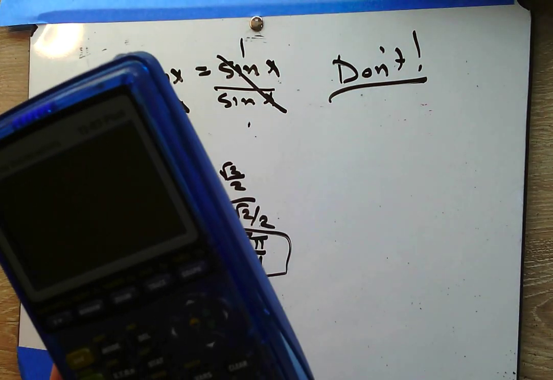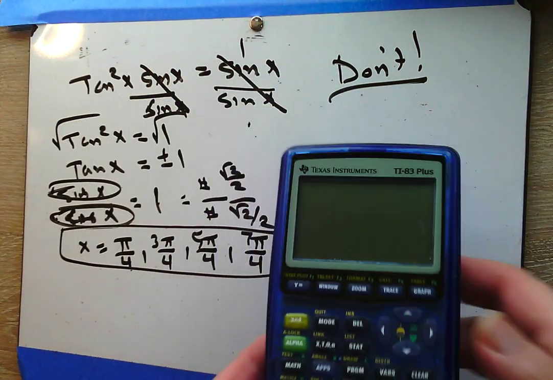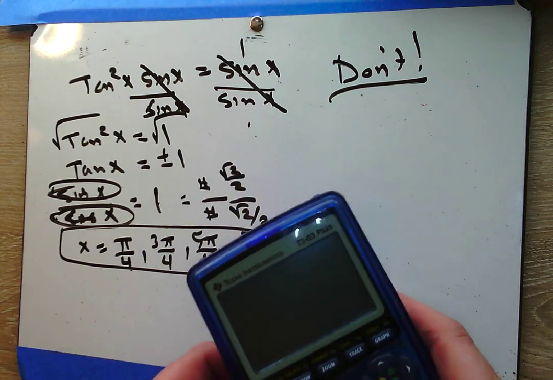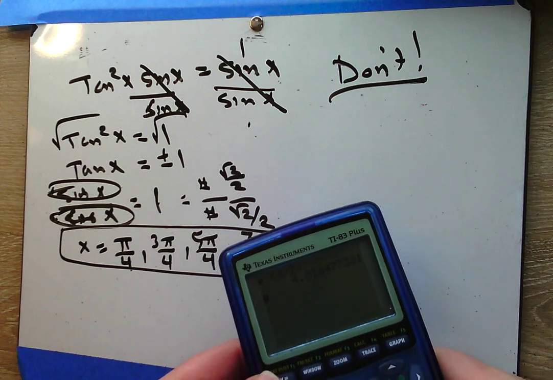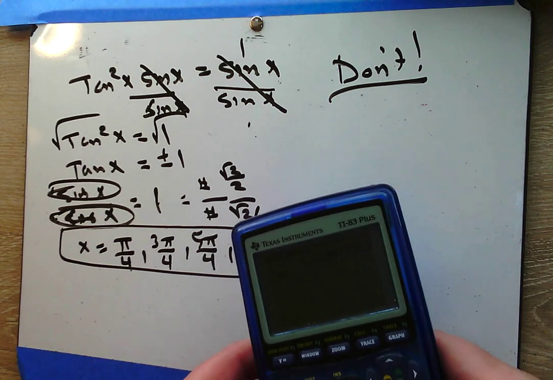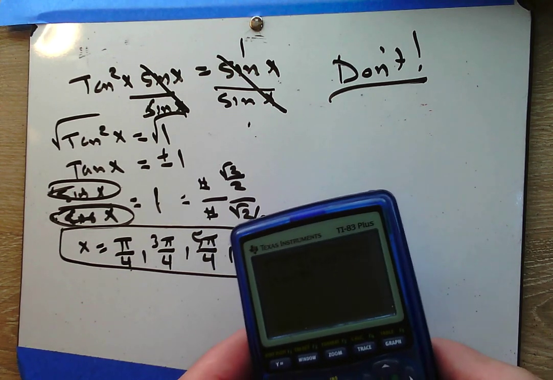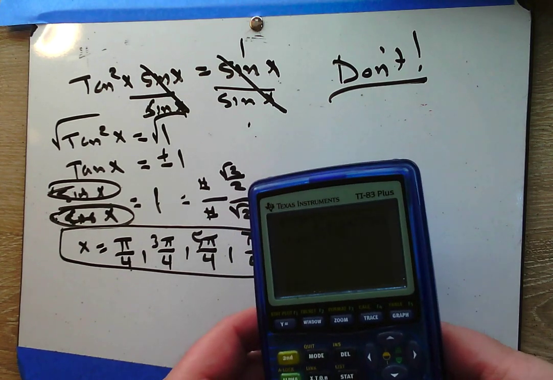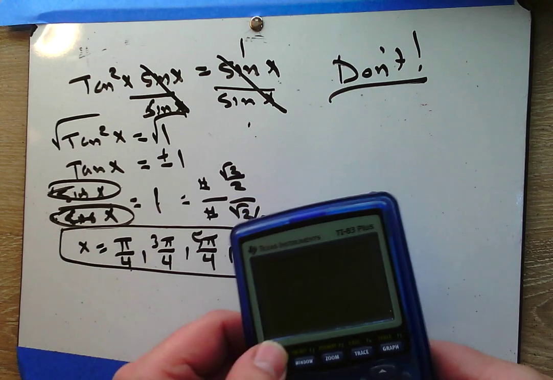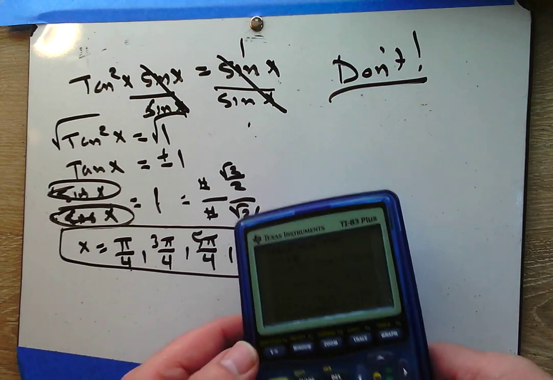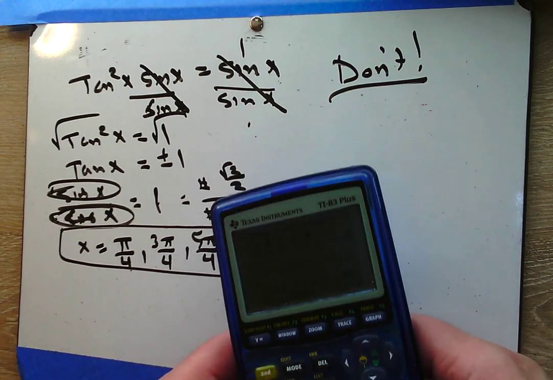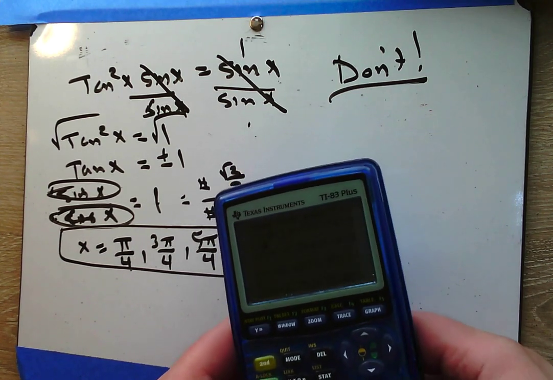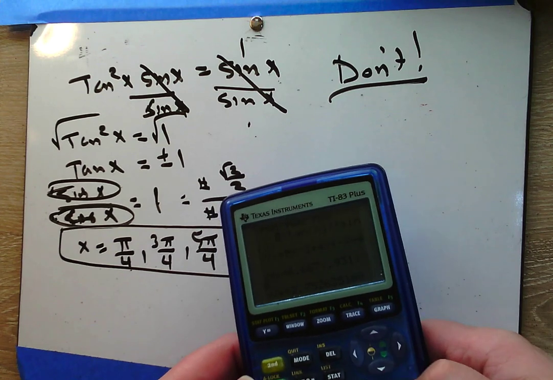Well, let's take a look at this graphically for a moment. I'm going to type this into the calculator. In y1, I'm going to type in parentheses tan x close parentheses squared times sine x. Oops, I'm not typing that in y1. Let's try again. Okay. Parentheses tan x close parentheses squared sine x close parentheses in y1.